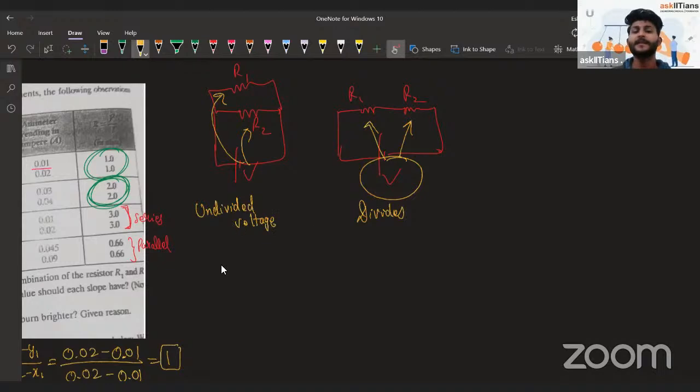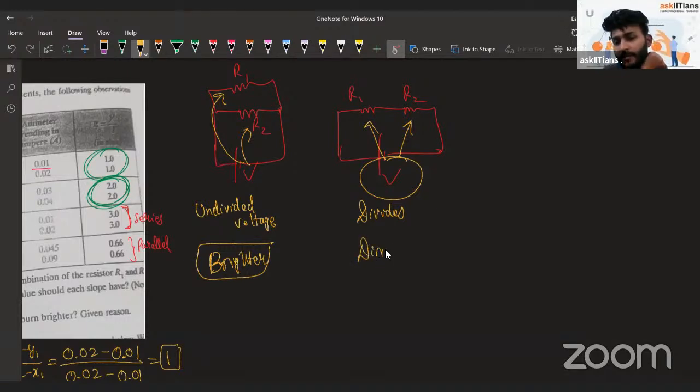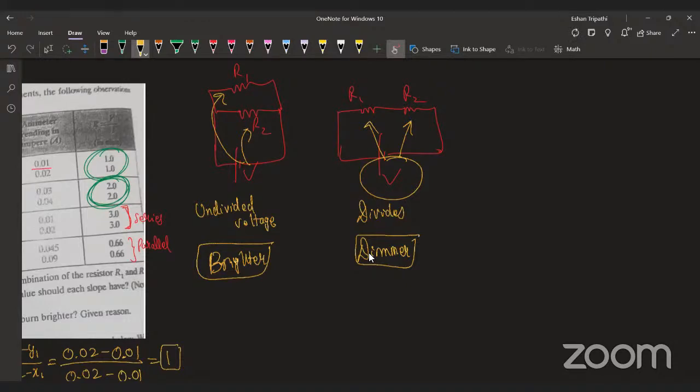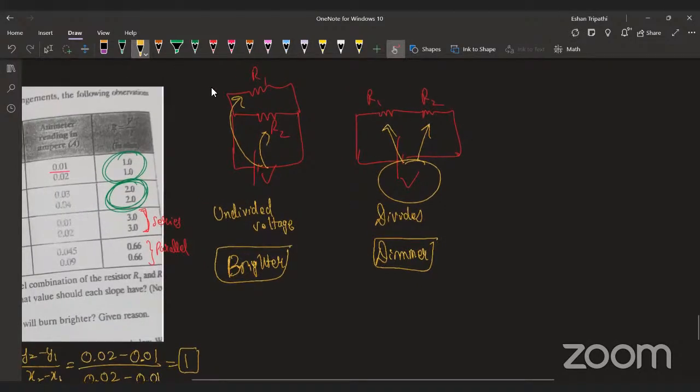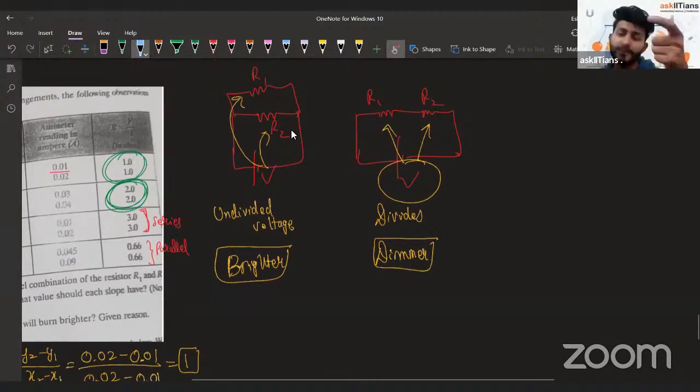So basically, this will be brighter. You're getting the reason? In the first one, both will receive V volt. But in the second one, that voltage will divide over the 2 remaining. So this is going to be the dimmer one in series. But in the first one, current will be divided, right? It's right, but current is not fixed.